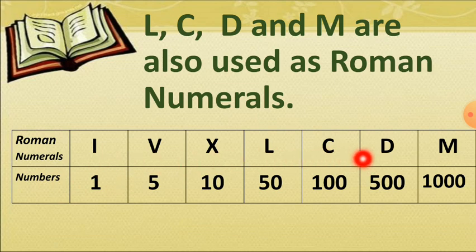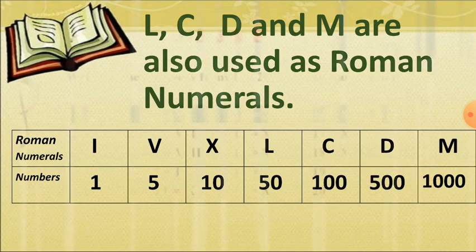What are the values of these Roman numerals? I value is 1, V value is 5, X value is 10, L value is 50, C value is 100, D value is 500 and M value is 1000. So this is the way you have to write.